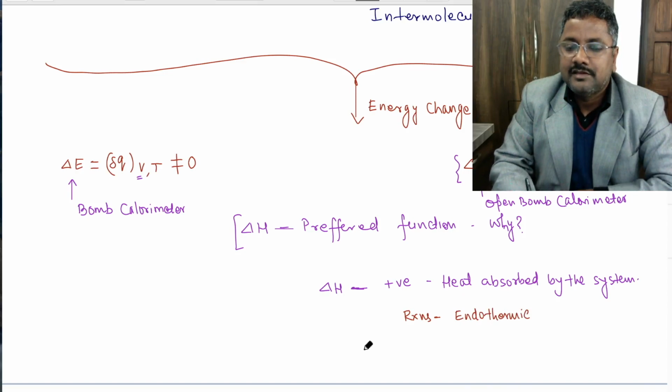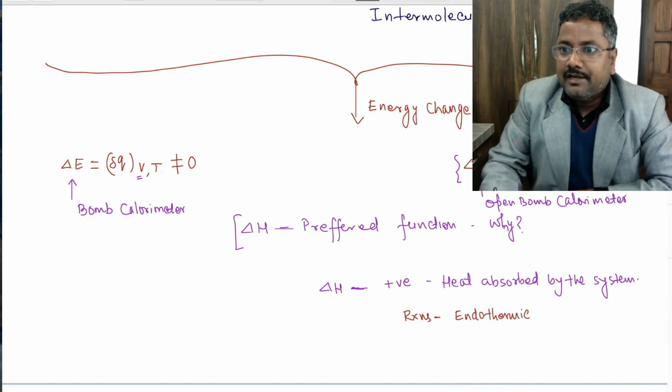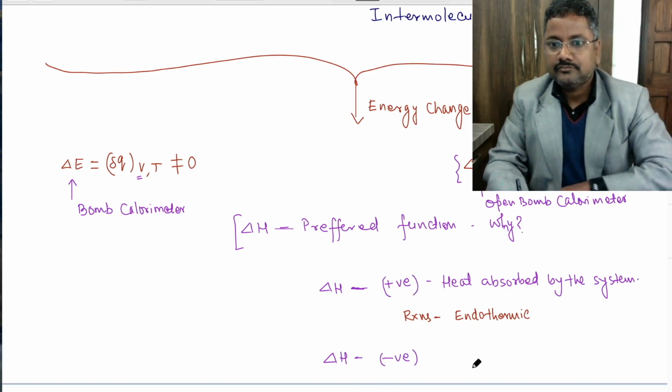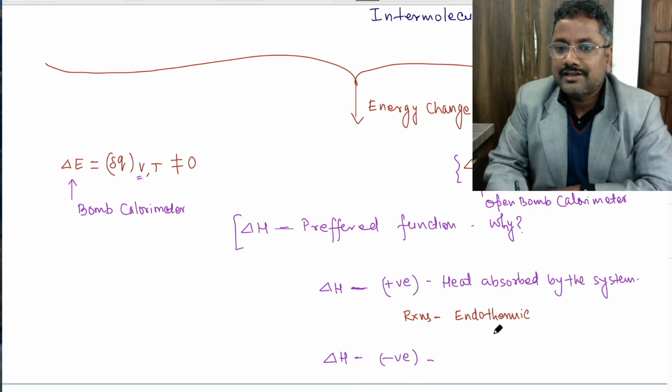Endothermic. And if delta H is negative, with the negative sign, it means heat is released by the system.